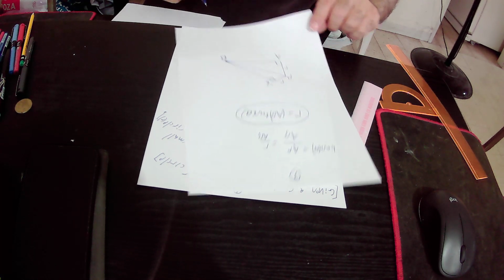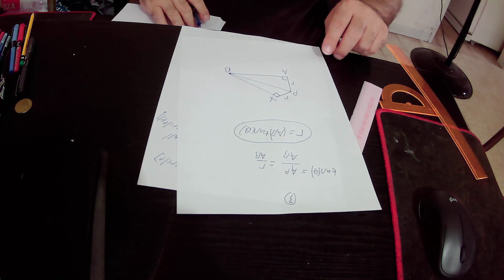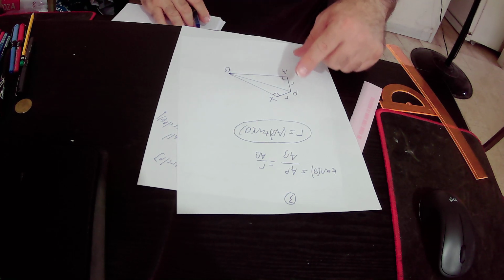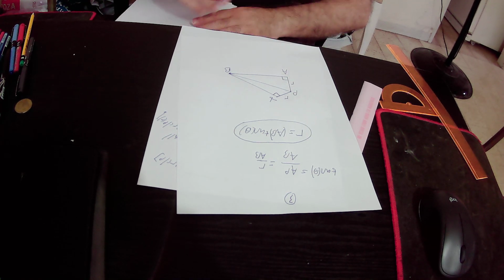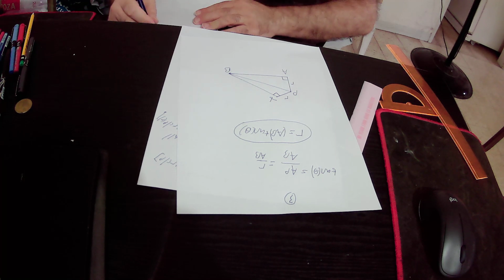Okay, so we can see from the drawing that AP equals PX. Both those line segments are the radii of the small circle.